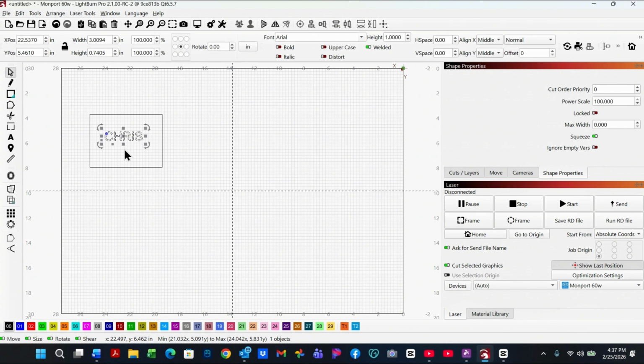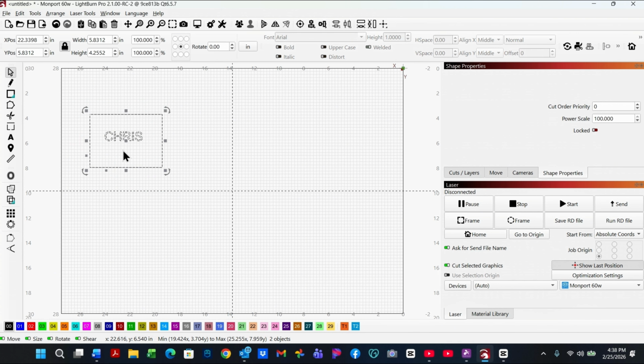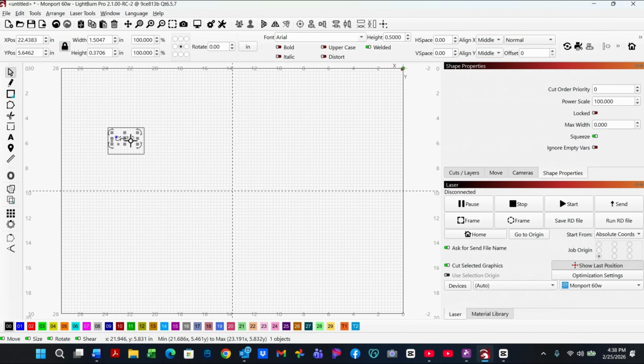Now, if I take just the text and lock that aspect ratio, and then go back in and do the exact same thing, I don't have to hit but one of them because it does both, right? Because we've locked the aspect ratio. When we do that and click on it, it now pushes that over to the height. So that was the issue we were seeing as well. And so there it is.